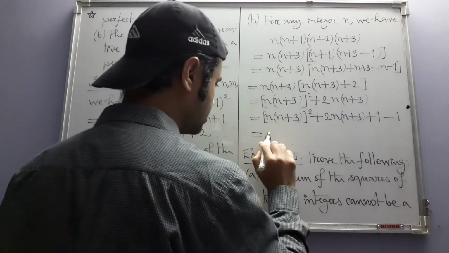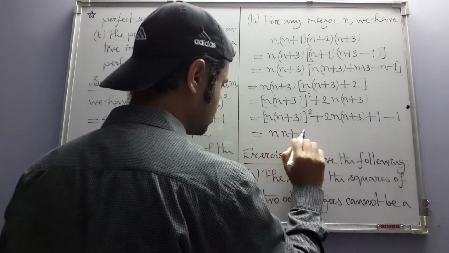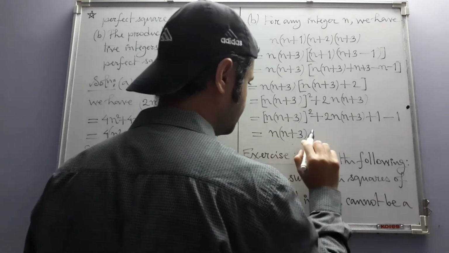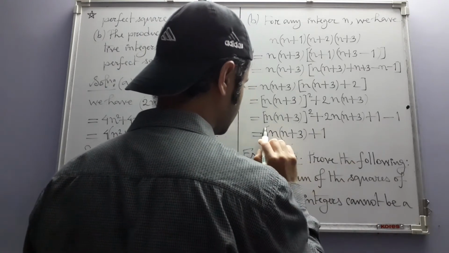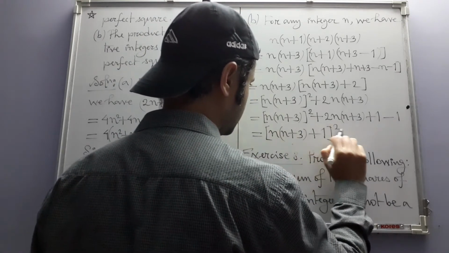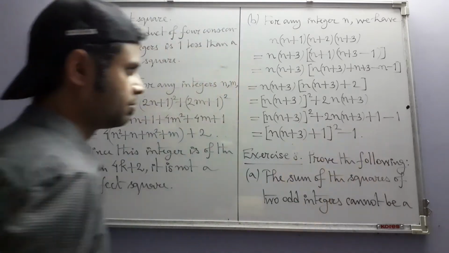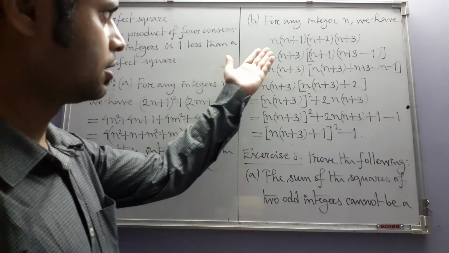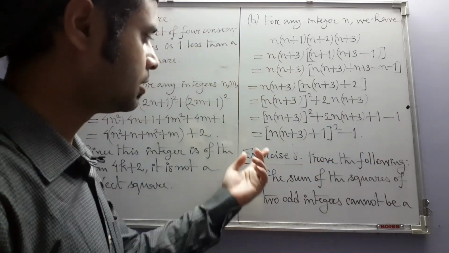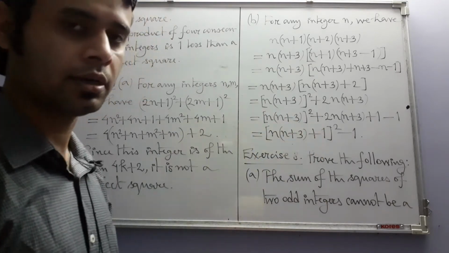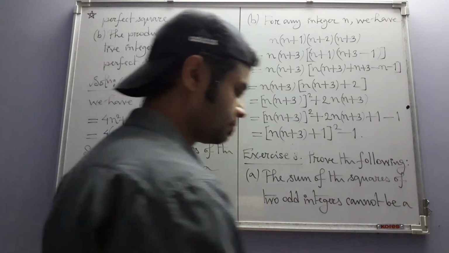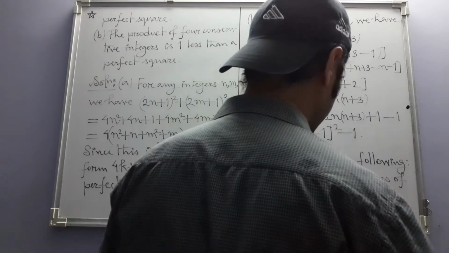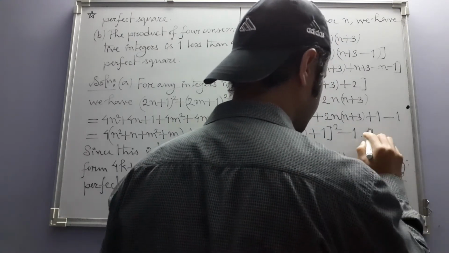So clearly this now becomes n times n plus 3 plus 1 whole square minus 1. So that's how this product of 4 consecutive integers is 1 less than a square. And here the solution ends.